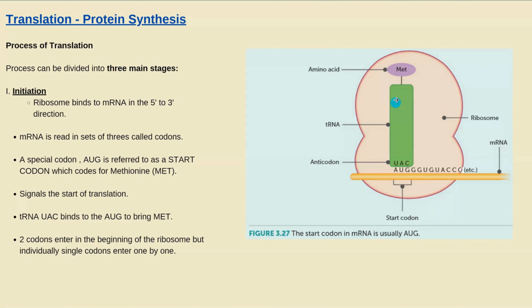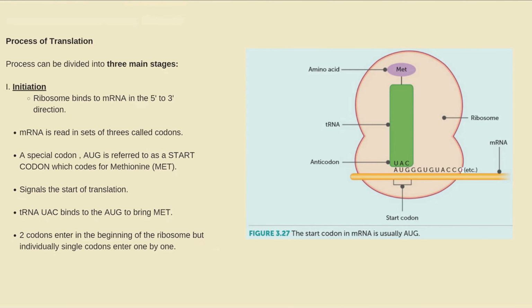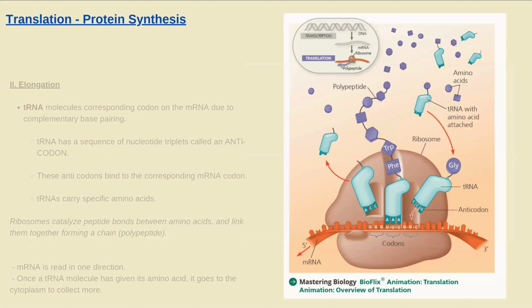It'll come in and bind, and it brings along this amino acid, methionine. So this is what I mentioned before: 2 codons enter at the beginning of the ribosome, but afterwards, individual single codons enter one by one, which we're going to take a look at.